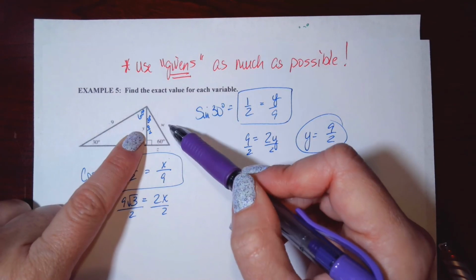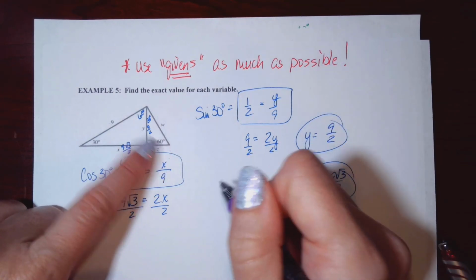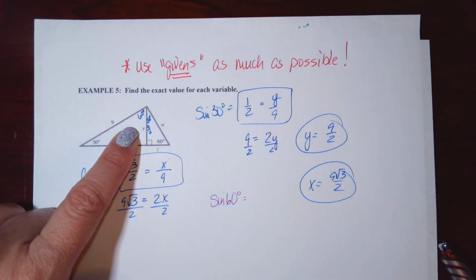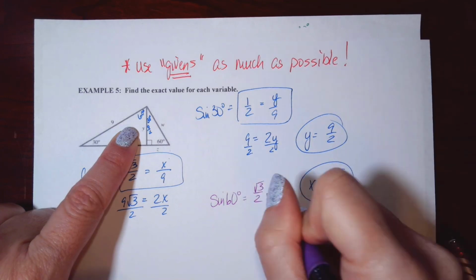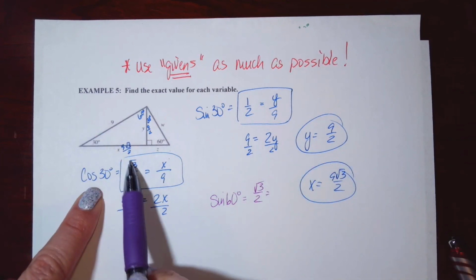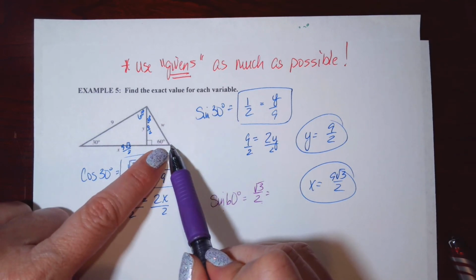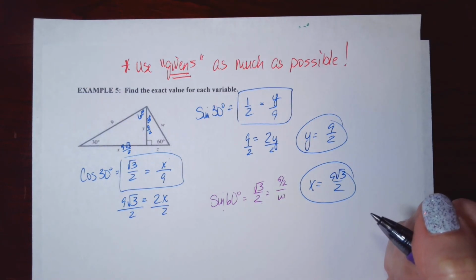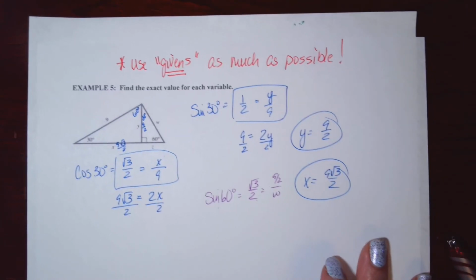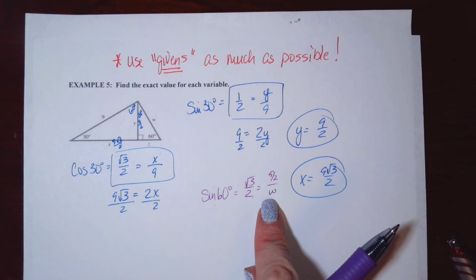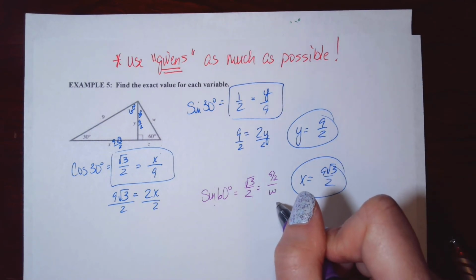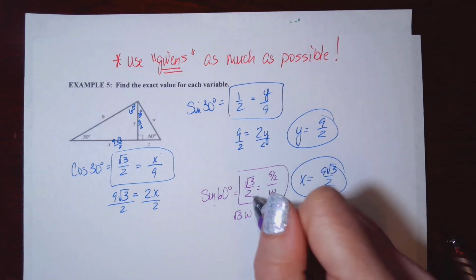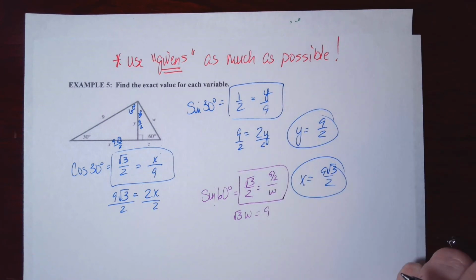So opposite over hypotenuse is going to be sine of 60 degrees. Sine of 60 degrees is square root 3 over 2, same thing as cosine 30. And for this 60 degree angle, opposite over hypotenuse is going to be 9/2 over W. So in this proportion I'm solving, square root 3 W equals 2 times 9/2, which is just 9.